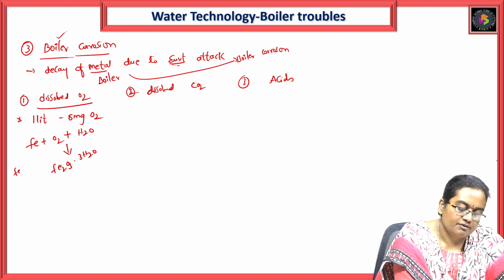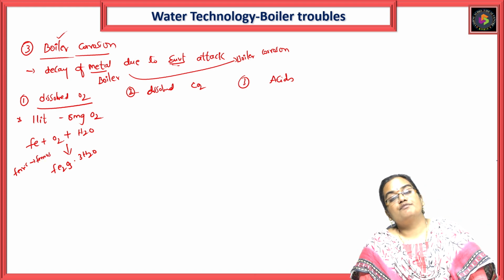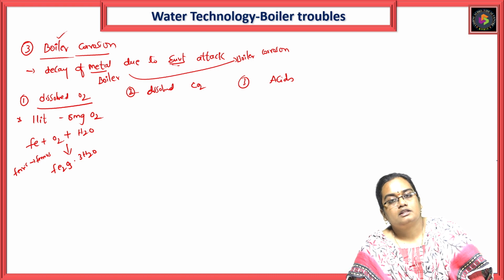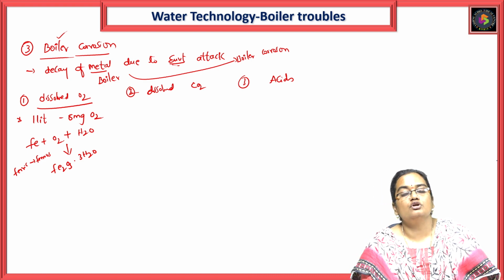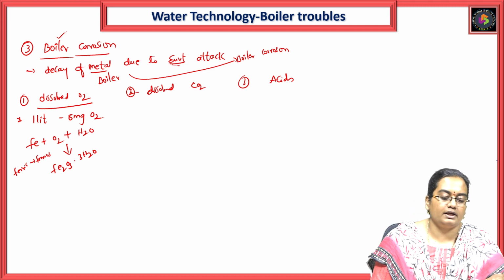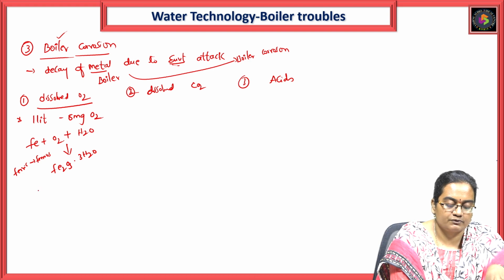First it forms ferrous to ferric. That means the presence of oxygen in the water causes corrosion of the metal, which leads to breakage of the boiler. So corrosion is mainly caused by dissolved oxygen through the formation of rust.